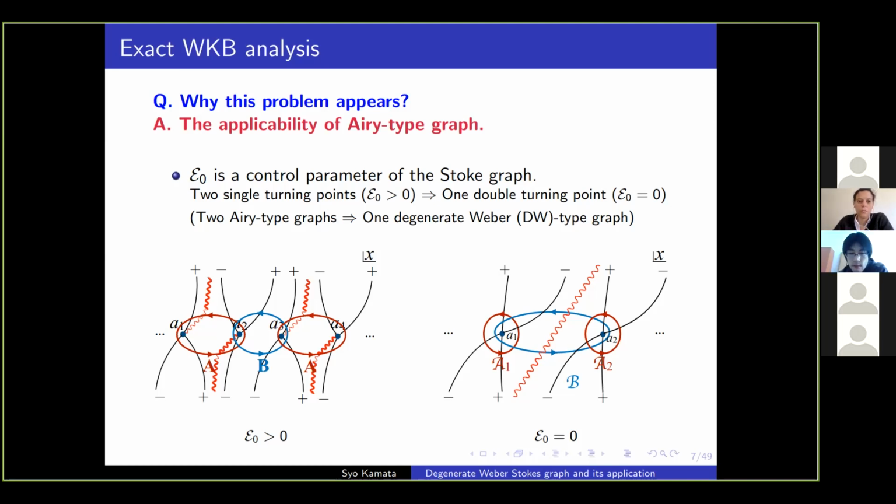W equals X to the fourth, and you tune the energy to 0. Yeah, in this case, I think.